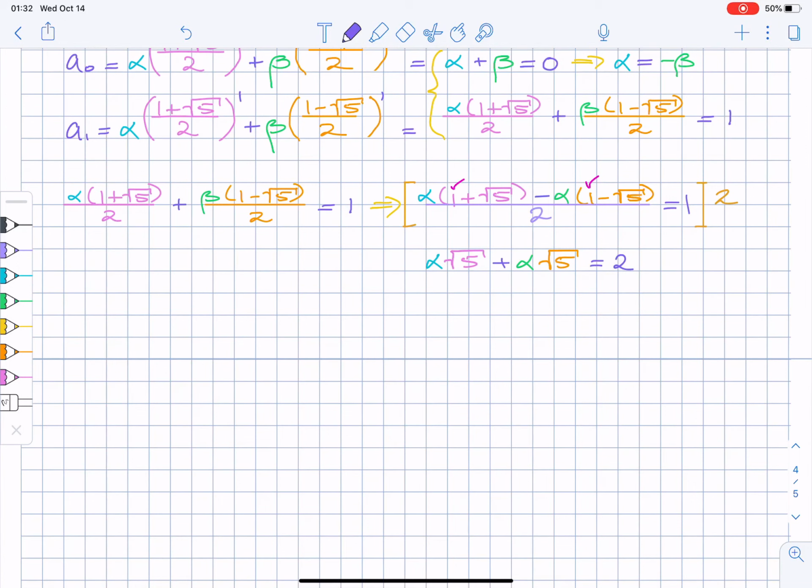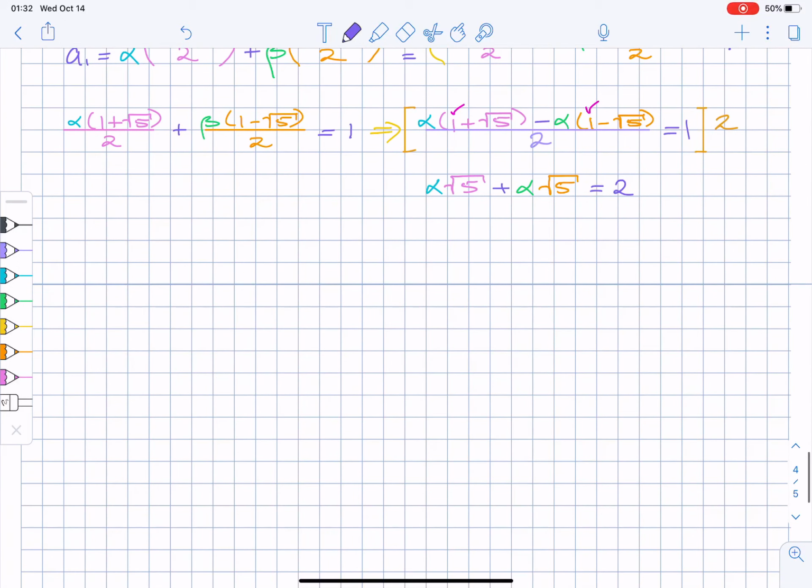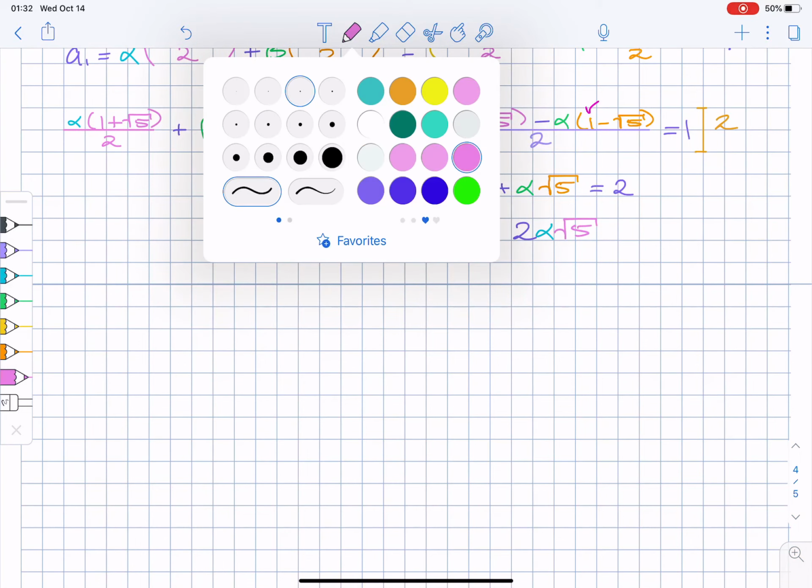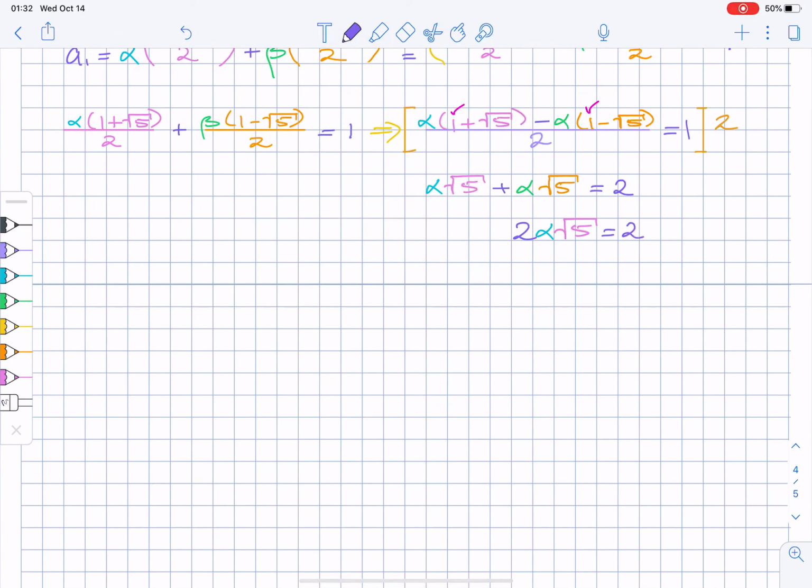How many alpha root 5s do I have on the left? I have 2 alpha root 5s. That's equal to 2.